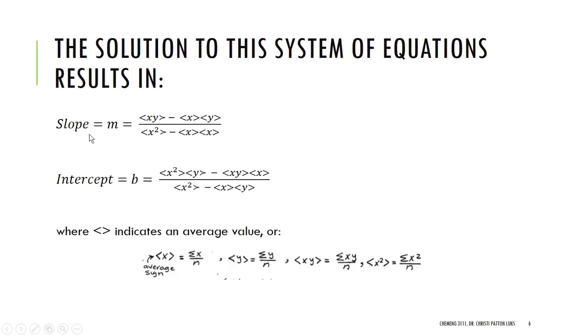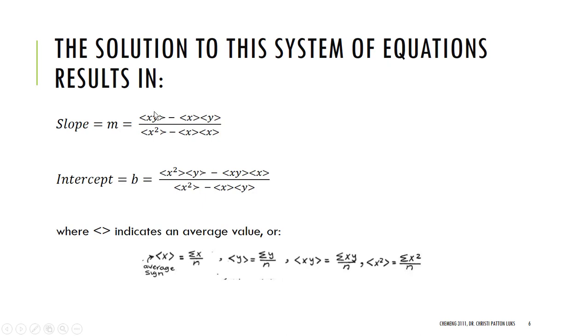Here you can see that m, or our slope, is as follows. I've changed the notation a little bit because this is a convenient and typical way this is written. This bracket indicates that I'm taking an average, which means that I add up all of the x, y's and divide by n.